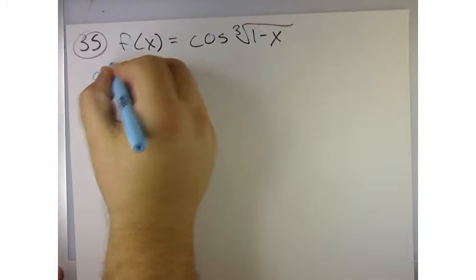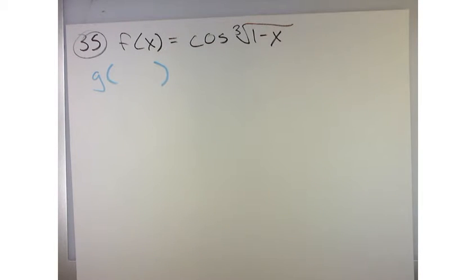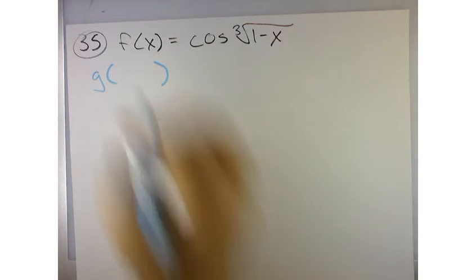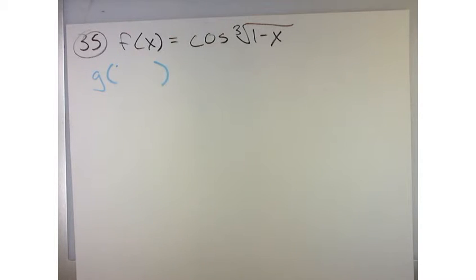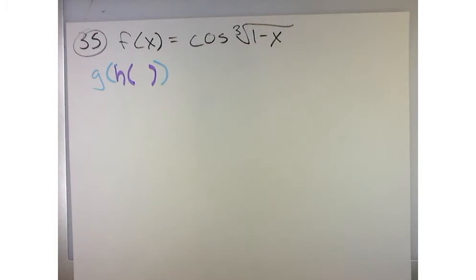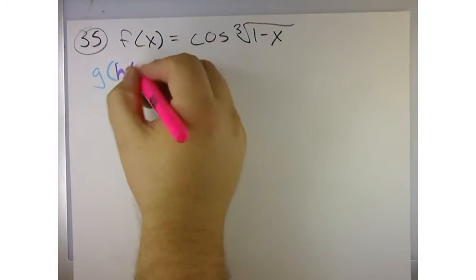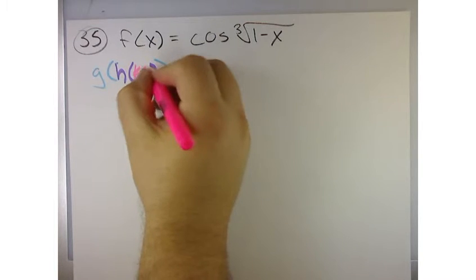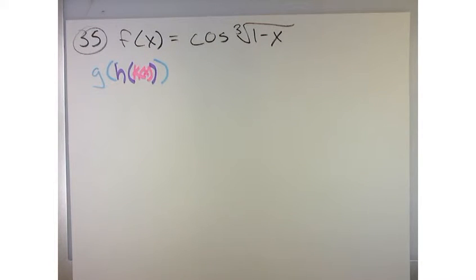this is g of h of k of x. So I have g of h of k of x.